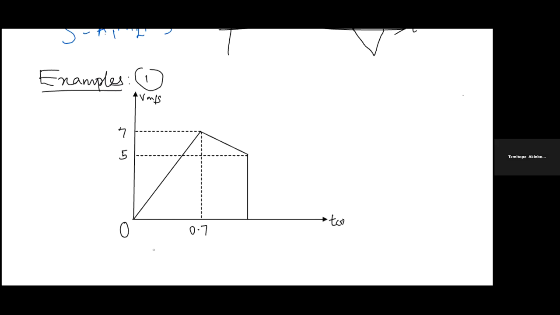Full stop. Sorry, I just saw something now. There is 1.2 here.